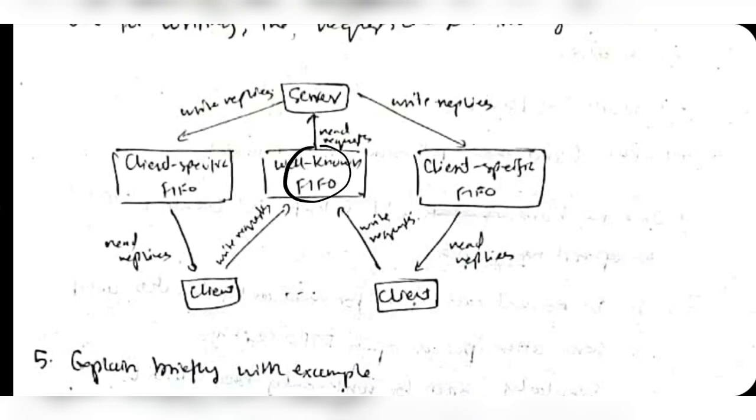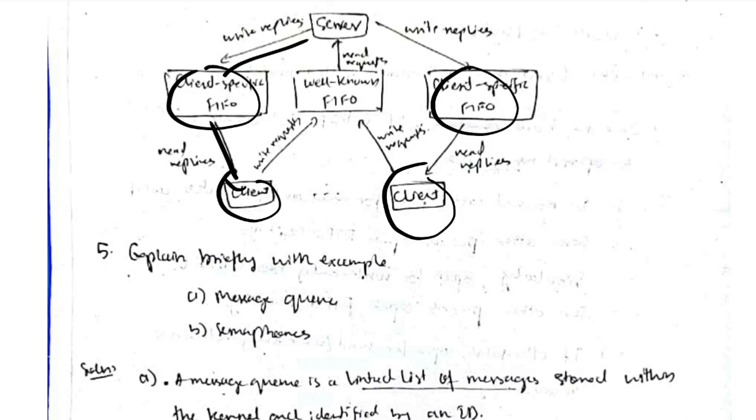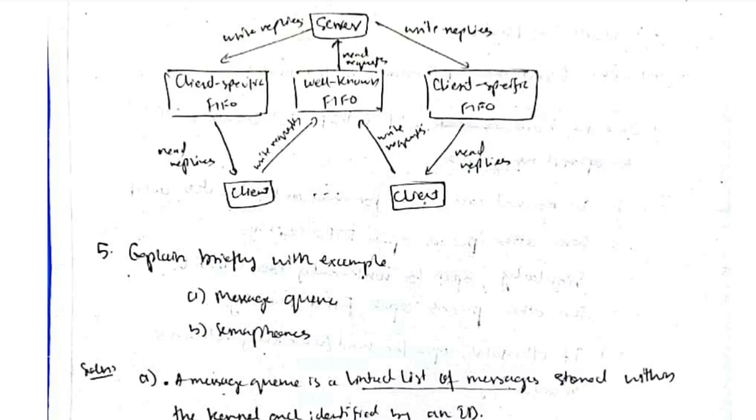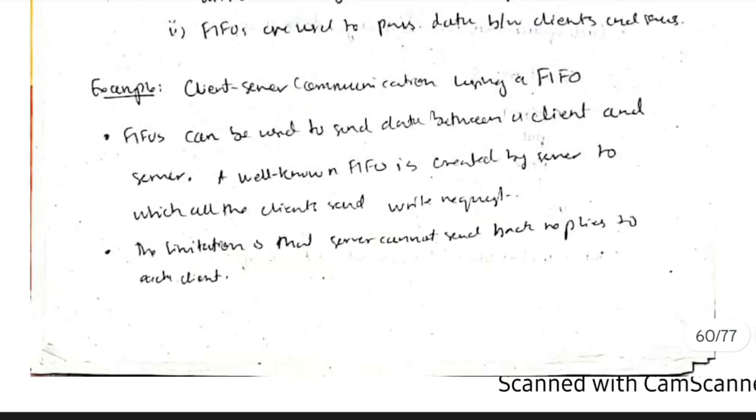Okay, so the client will be writing the request to the well-known FIFO and the server will be reading it. Now in case the server wants to reply, it will write the replies to the client-specific FIFOs, and after that the clients will be reading their replies. Okay, so that was about the client server communication using a FIFO.